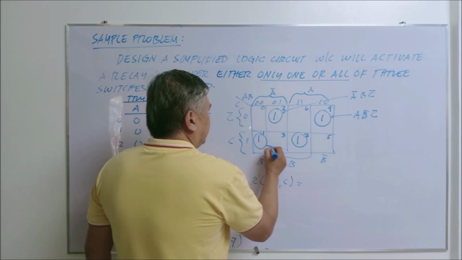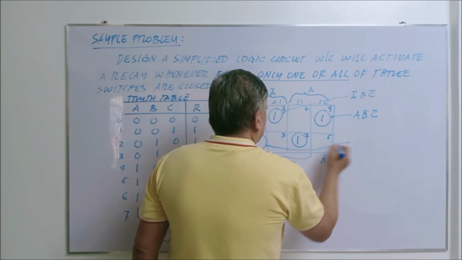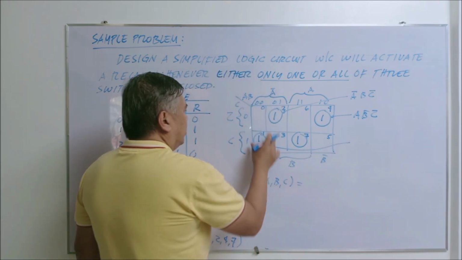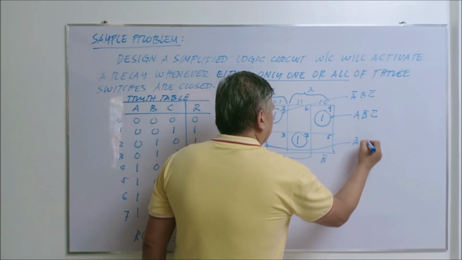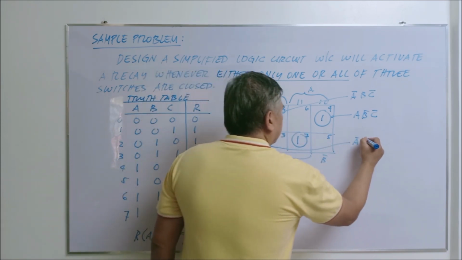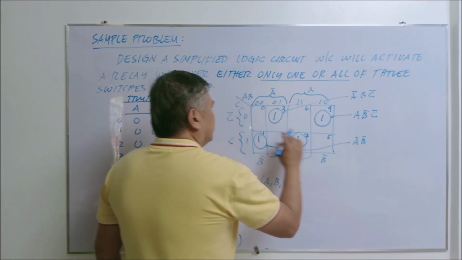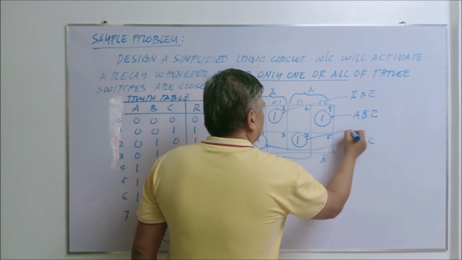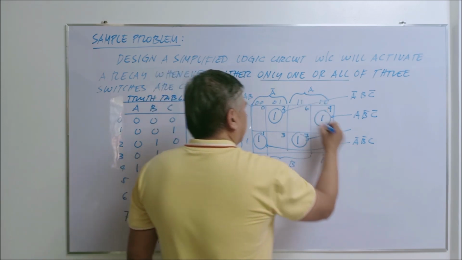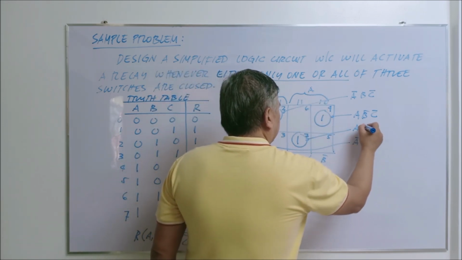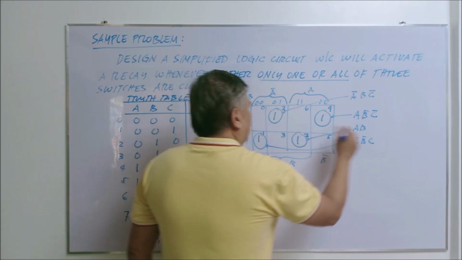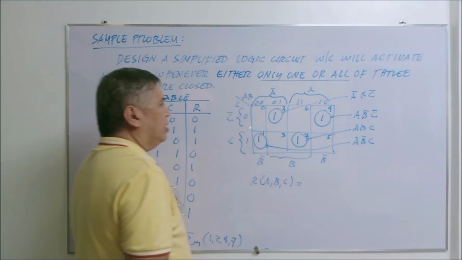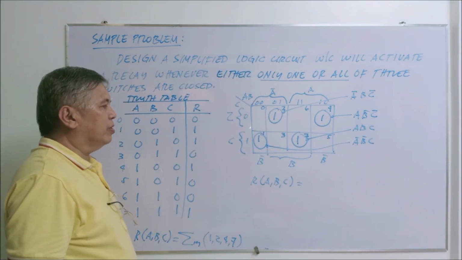This one here is under A bar, B bar, and C. Then this one here is under A, B, C. That's the equation of the variable terms.